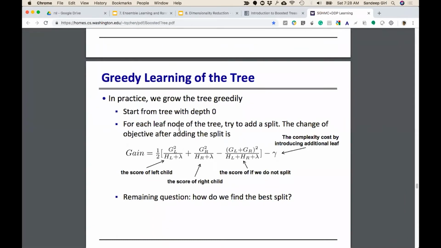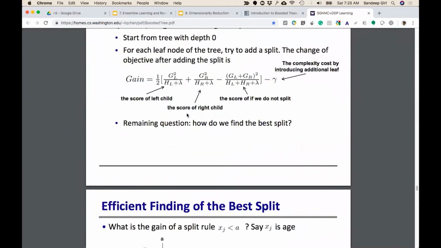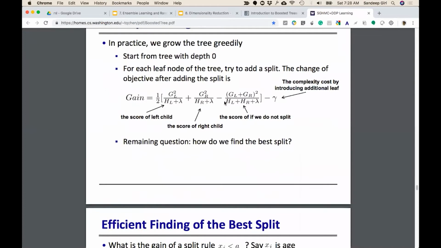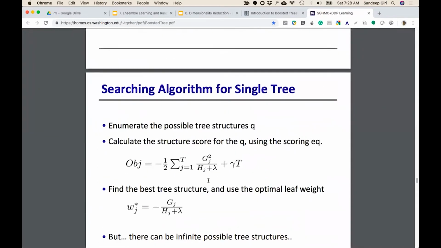Similarly, we can even remove a tree and then again compute the objective function. So for each leaf node of the tree, we try to add a split. The change of the objective function because of this is going to be here. This is the score of the left, the score of the right, and that's what we came up with, the objective function, right?